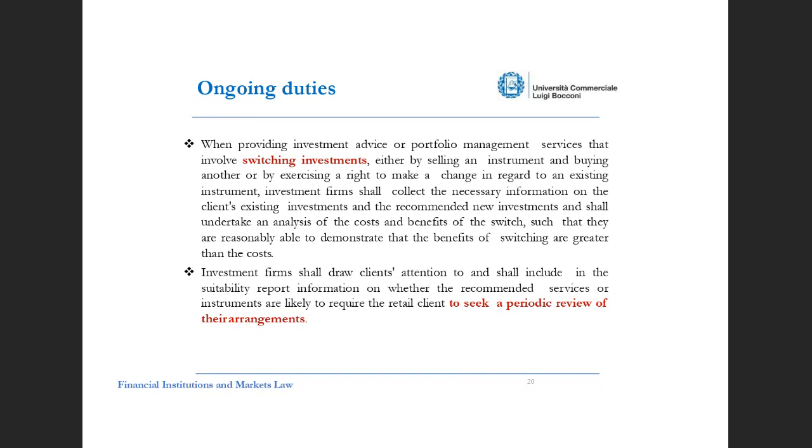advice concerns switching investments. Now, switching, as you see from what you read on the slide, is a situation where the client already owns a certain product and wants to divest from that product and invest into a new different product. So this is called switching.